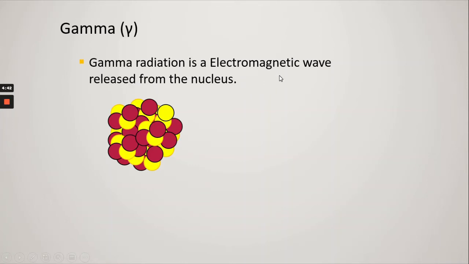For those of you who have done physics, you will probably know this in a lot of depth, but if you don't do physics, hopefully you remember maybe from first and second year that visible light, ultraviolet light, infrared, x-rays, microwaves, radio waves, these are all types of electromagnetic radiation, or electromagnetic waves, and all of these waves travel at the speed of light. So gamma radiation is the highest energy form of electromagnetic radiation. X-rays are pretty high energy, but gamma is even higher energy.